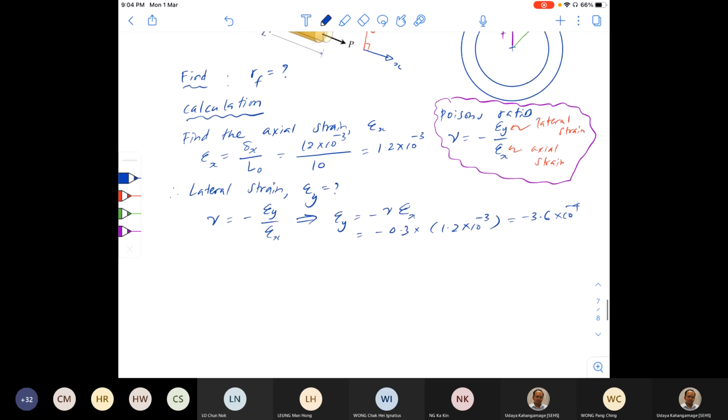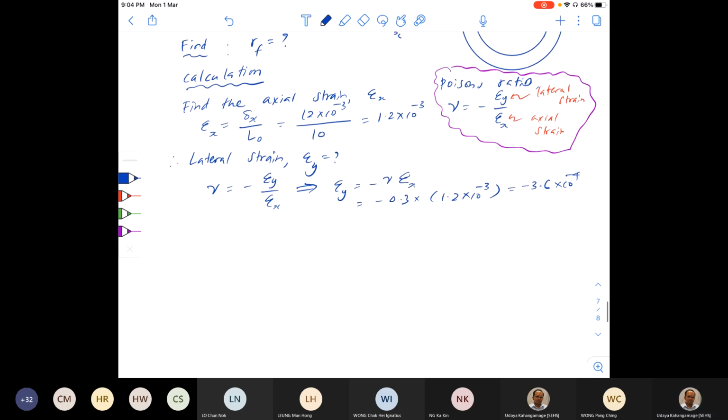Initially we had a radius of RO, and because of the lateral contraction, now it becomes RF. This reduction in radius is delta r, small r.